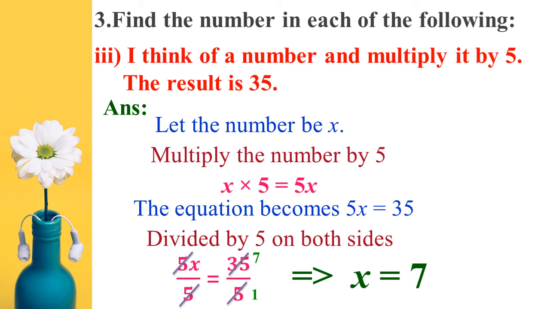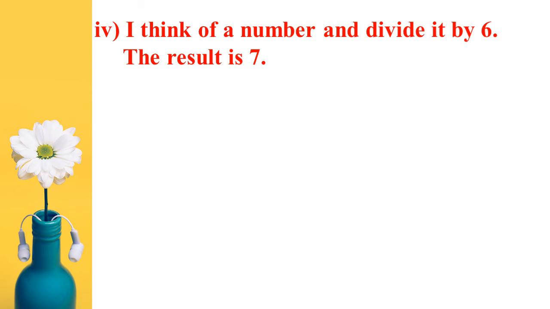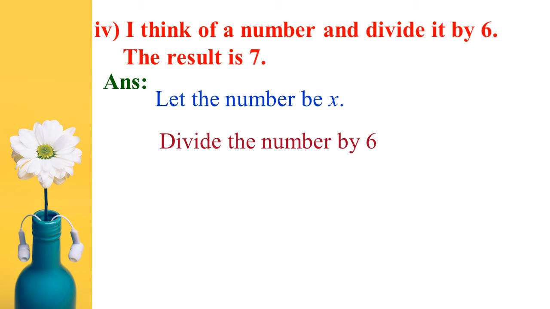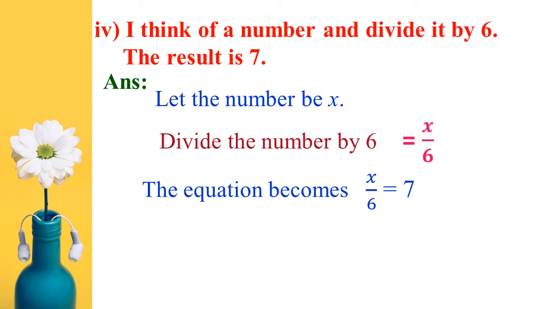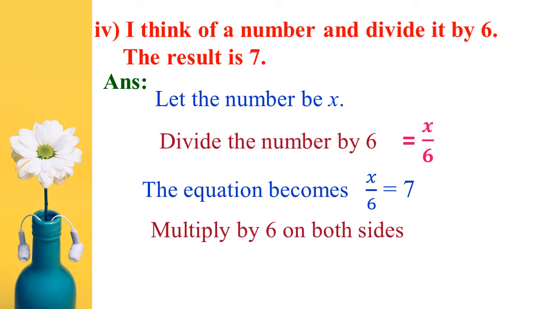7. The next statement is, I think of a number and divide it by 6. The result is 7. So let the number be x. Divide the number by 6. So we get x by 6. Now the equation becomes x by 6 equal to 7.